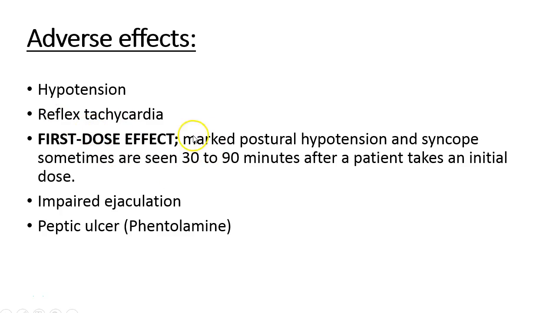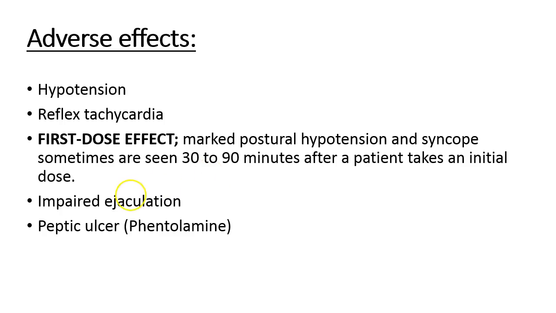First dose effect is when you give an initial dose and within 30 to 90 minutes the patient can go into marked postural hypotension, that is a marked decrease in blood pressure, especially when standing, and can also lead to syncope.